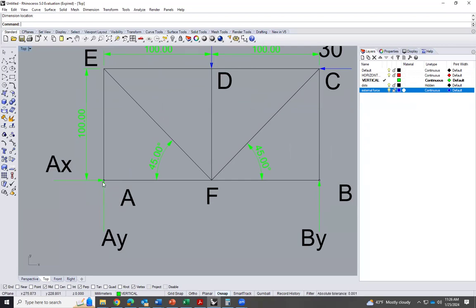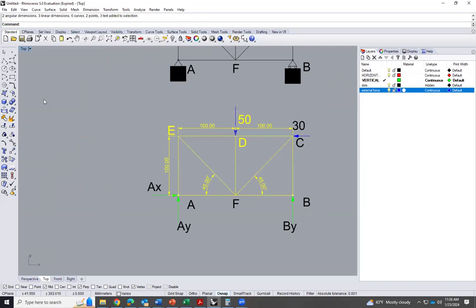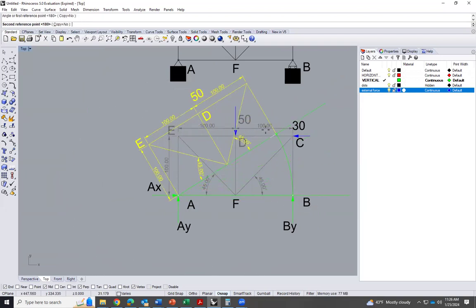We have a magnitude, but if it's applied at this point, the effect is 0. So it's AX times 0. But BY, if we apply BY, then the whole structure will rotate in this direction. So we have BY, and the effect of this is that this is going to rotate in this direction.